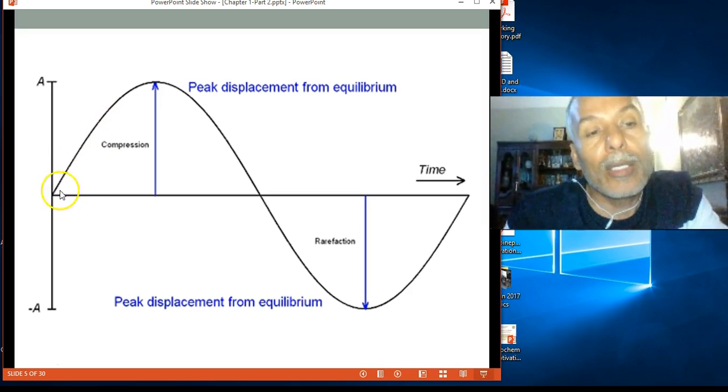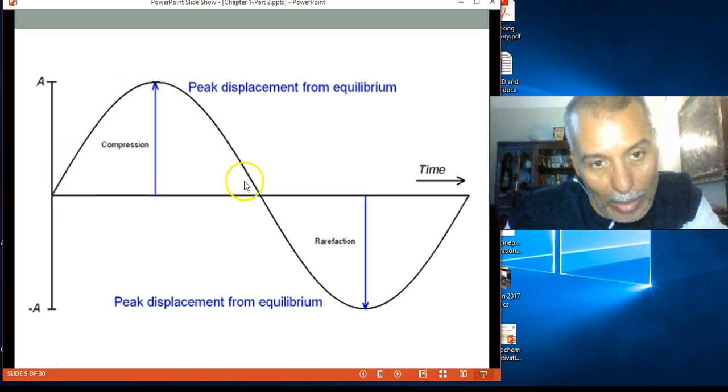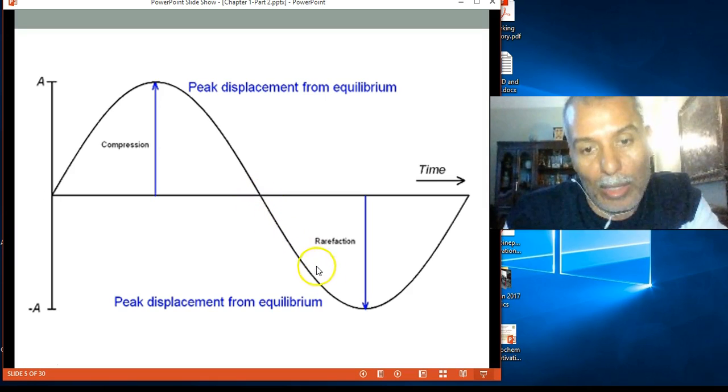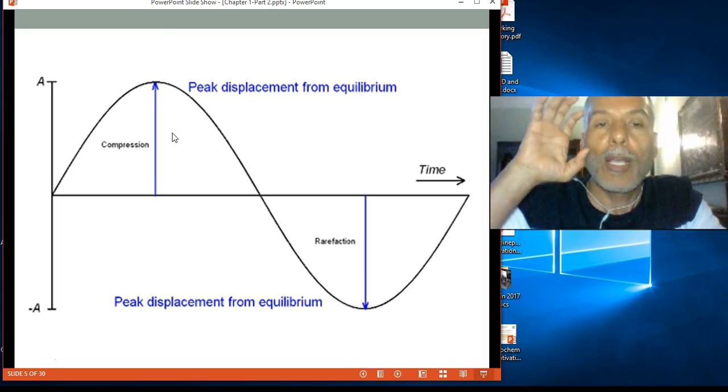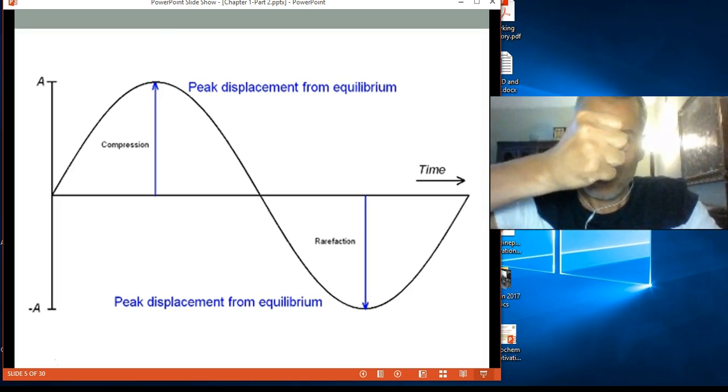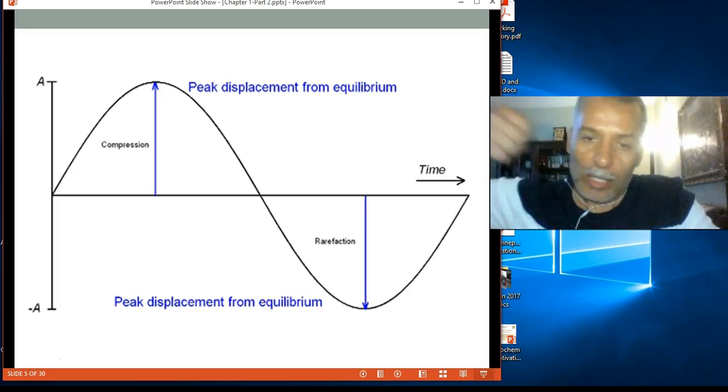So the peak of the wave here stands for compression, and then you go below rest, and you have rarefaction. Compression is produced by a direct force, a direct amount of energy that you put, like you pull the guitar string.